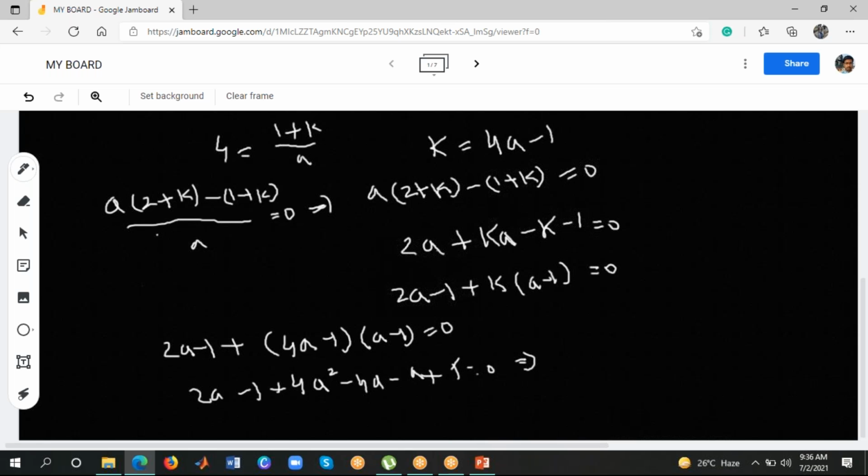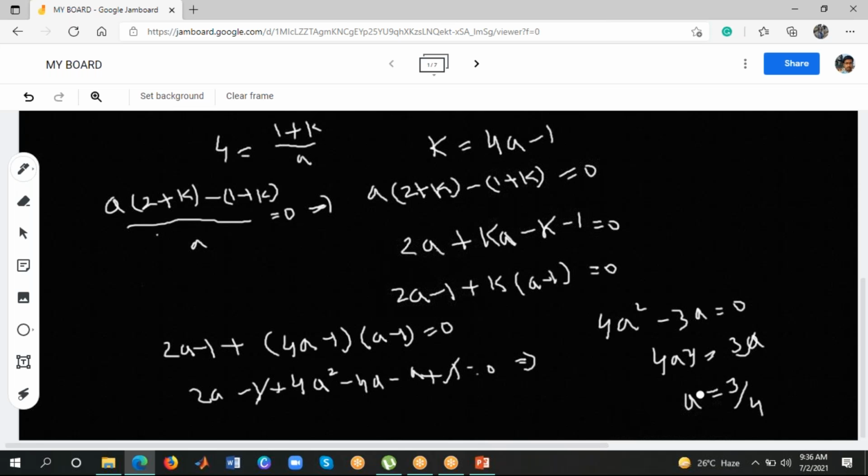So here plus 1 minus 1 cancel. 4a square minus 5a plus 2a, so we'll get 3a minus 3a. 4a square minus 3a equals to 0. 4a square equals to 3a. A gets cancelled, then a is equals to 3 by 4.